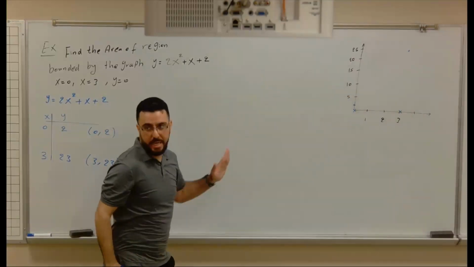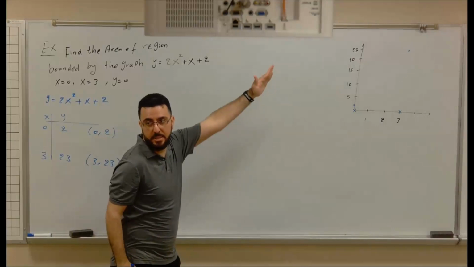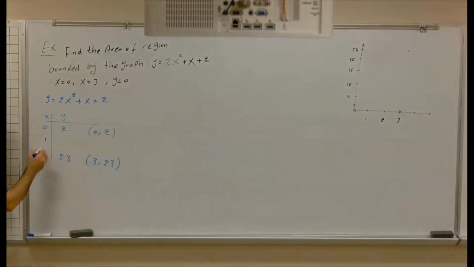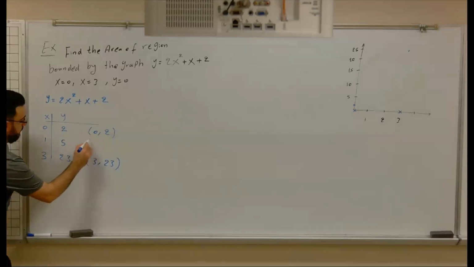The graph is not a straight line, because it's a curve. So to make sure it's a curve, if I choose 1, 2 times 1 is going to be 2. 2 plus 1, 3. 3 plus 2, 5. So at point 1 it's going to be 5.